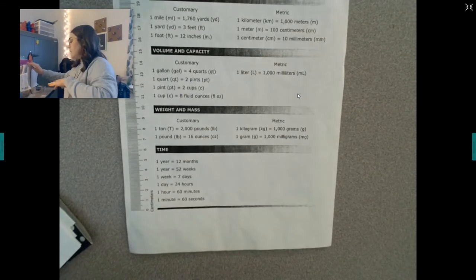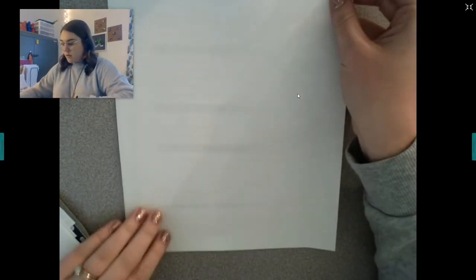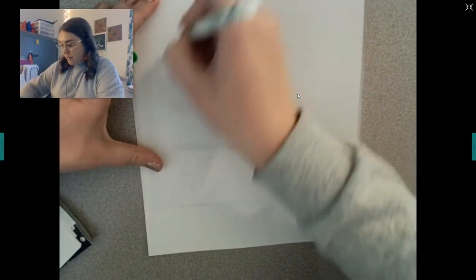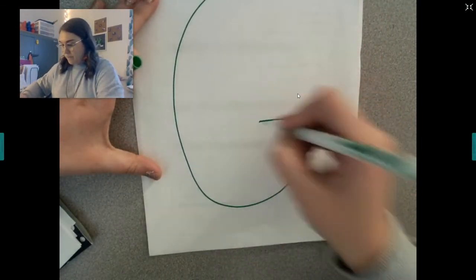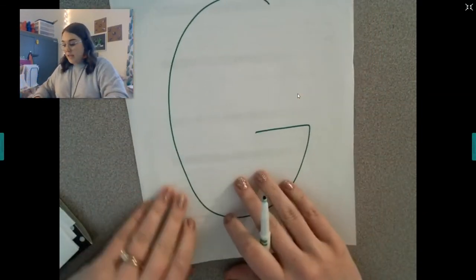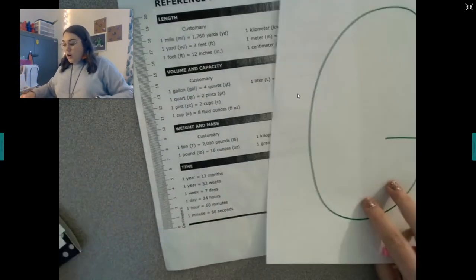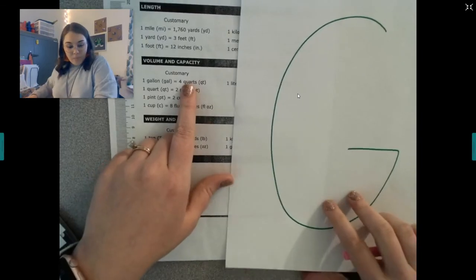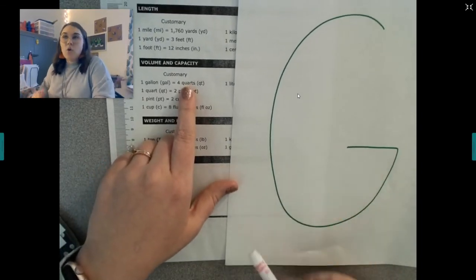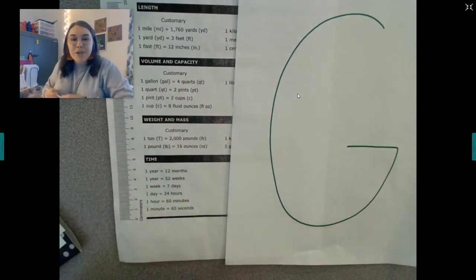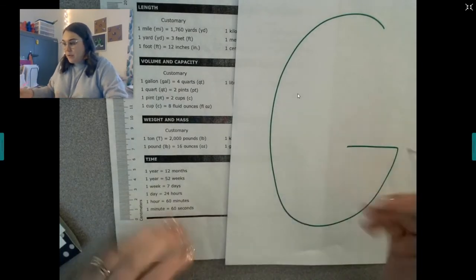We're going to start with our big gallon. And we are going to move into our quarts. Now, a quart is like a quart of milk or juice. And now I know that you're like, well, Miss Simpson, you just said a gallon of milk or juice.